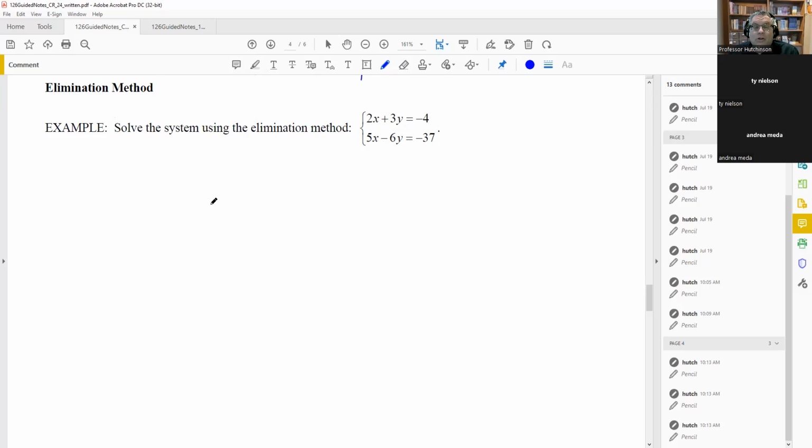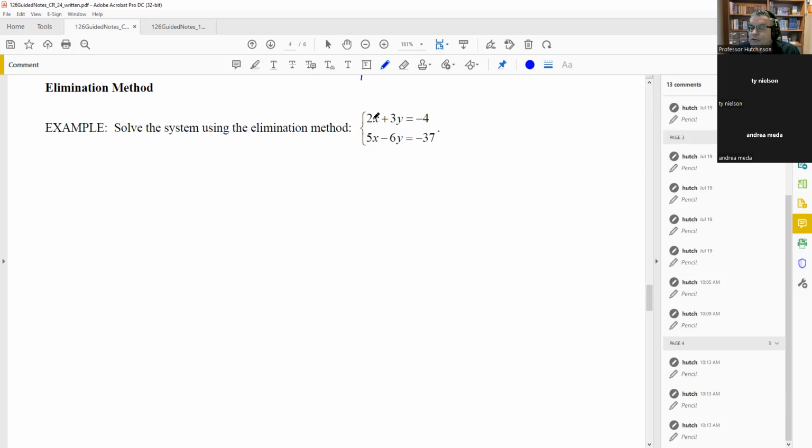What the elimination method involves is multiplying one equation, or sometimes both equations, by something, so that when you add the equations together, one of the variables cancels out. You can choose to eliminate either the x's or the y's, but depending on which one you choose, you may have to multiply one equation or two equations. So you want to look for whatever one is easiest.